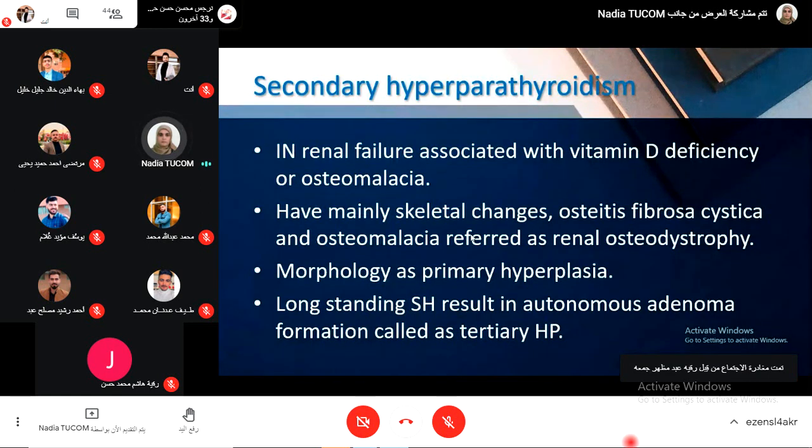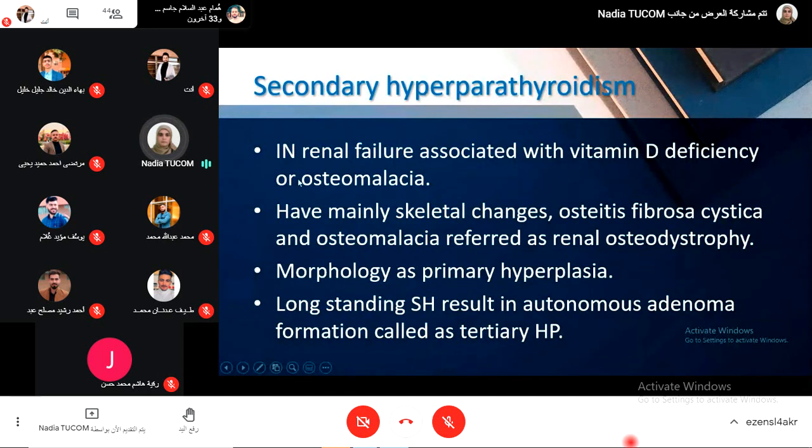This will result in excess parathyroid hormone in the secondary type, with renal impairment and renal osteodystrophy. We said this before.